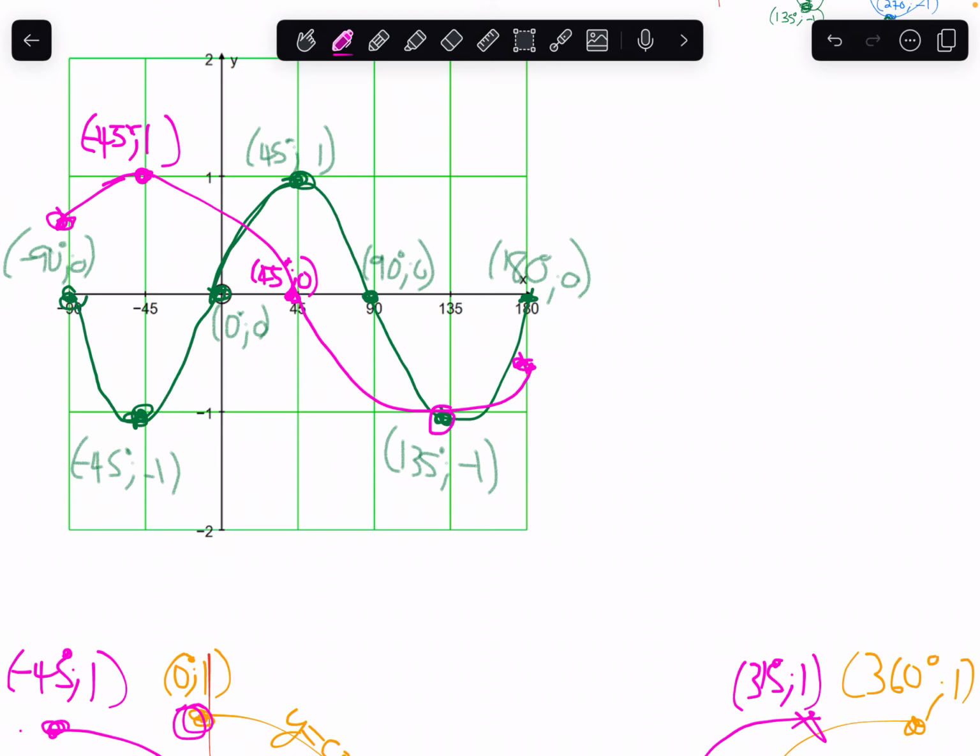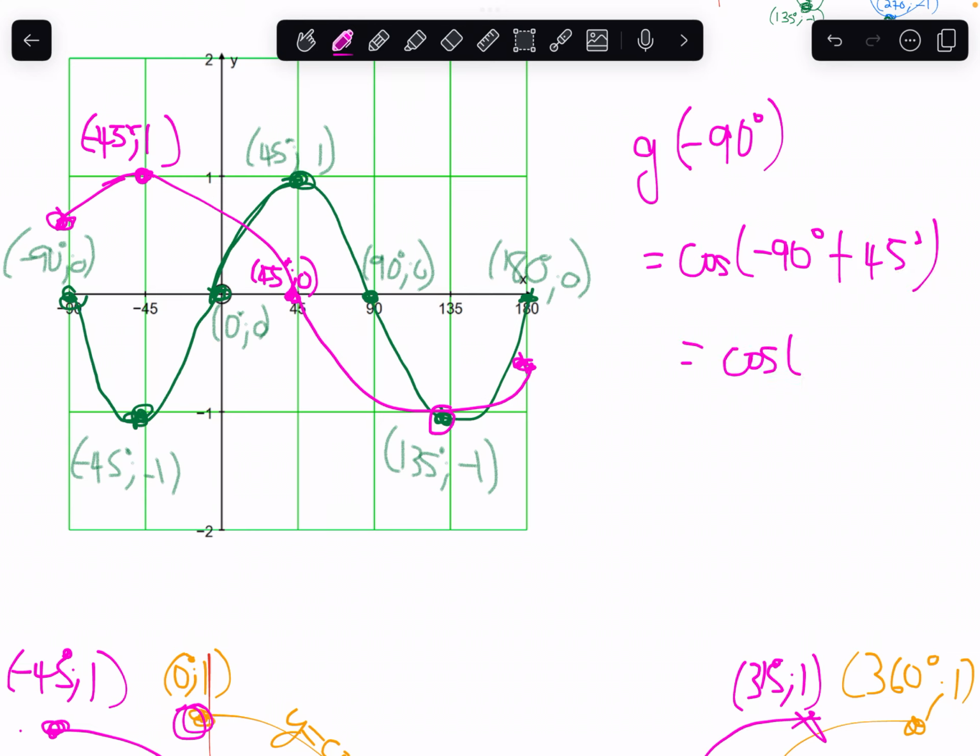Okay, so now we can work out the endpoints. So we want to work out what is g of negative 90. In other words, cos of negative 90 plus 45 degrees, which is cos of negative 45, which is the same as cos of positive 45, right, from our reduction rules, and that is the same as root 2 over 2.